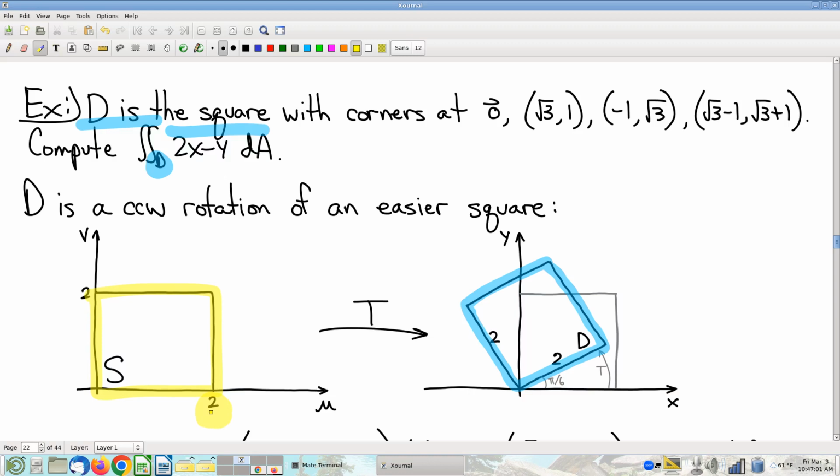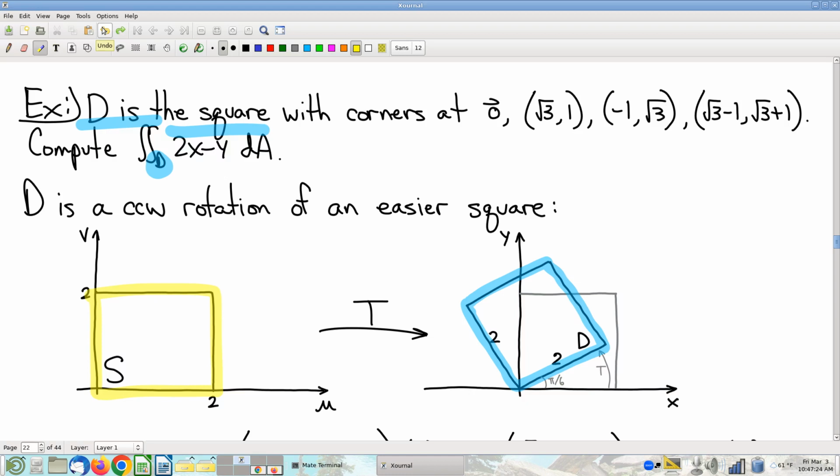Square of radius 2. This side length is pretty easily computed to be 2. Sorry, I misspoke. Okay, so this you might say ideally oriented square. Rotate it counterclockwise, and you get this awkward, unfortunate square that we're actually dealing with.